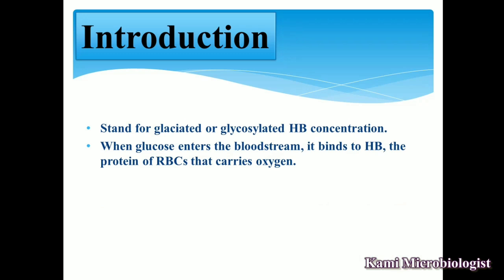Normally in our body, the glucose molecules which we get from food enter into the bloodstream. After that they bind to hemoglobin, the protein of the RBC which carries oxygen, and this glucose is then transferred to all the cells which need it for energy.